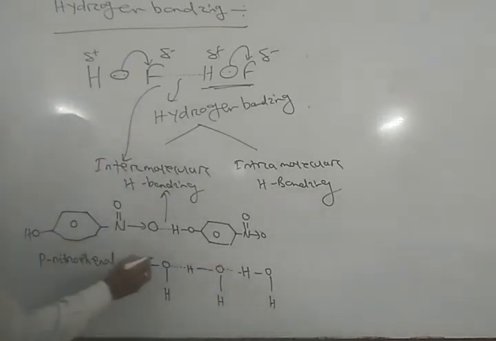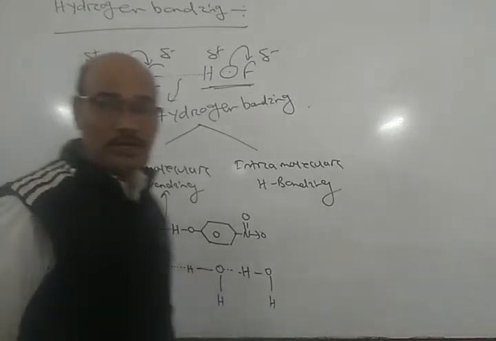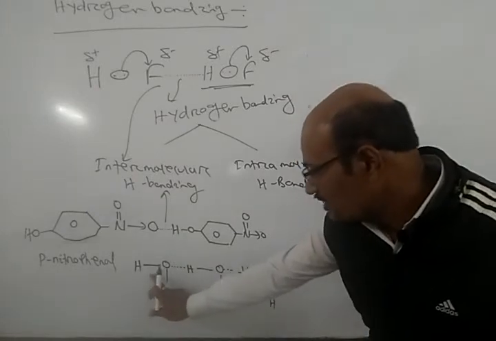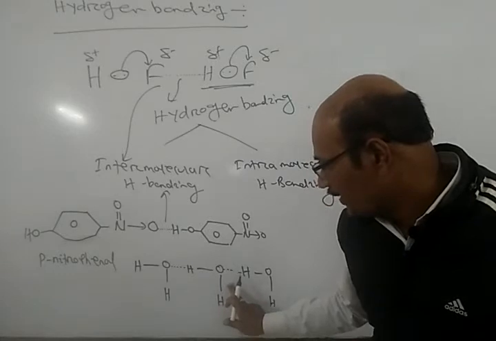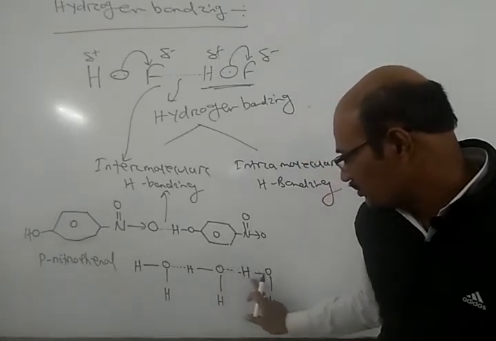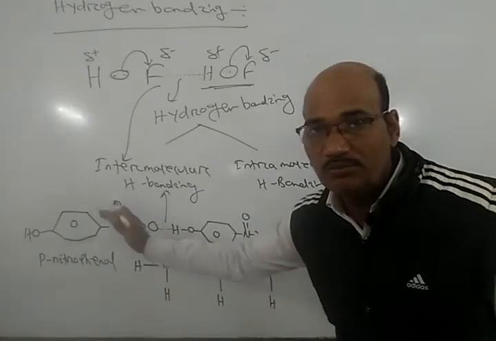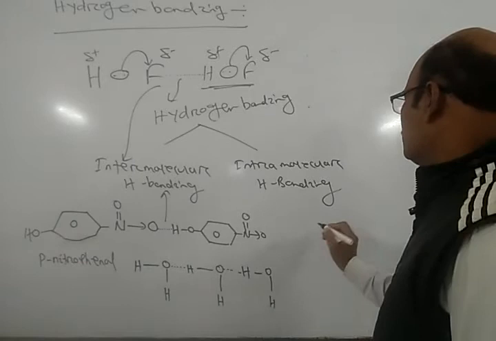This is also intermolecular hydrogen bonding. Okay. So here, between the molecules, O of this water molecule and H of this water molecule, again O of this water molecule and H of this water molecule, there can be intermolecular hydrogen bonding.